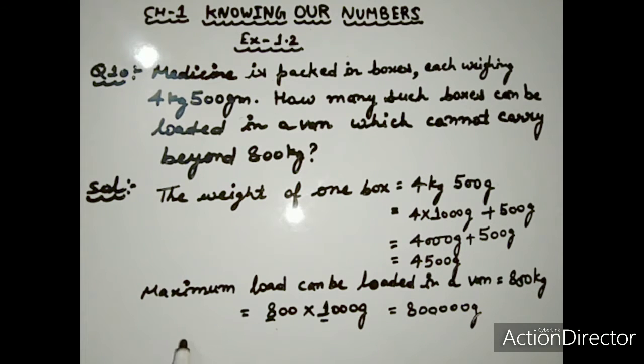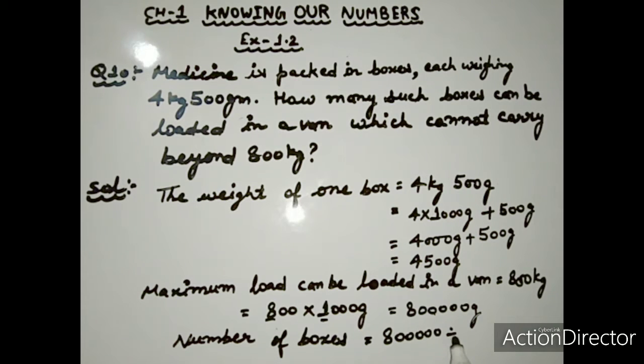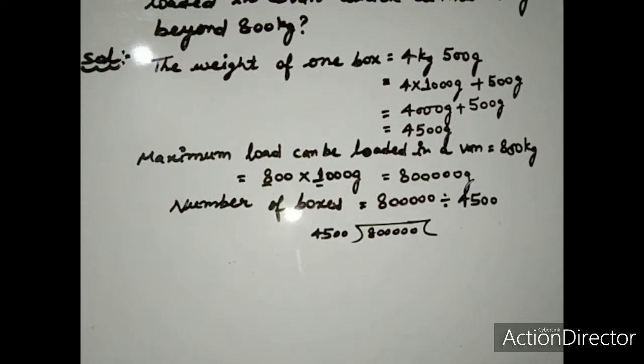Now to find number of boxes, here we divide 8 lakh by 4500 gram. So here the number of boxes is equal to 8 lakh divided by 4500. Now here we divide 8 lakh by 4500.